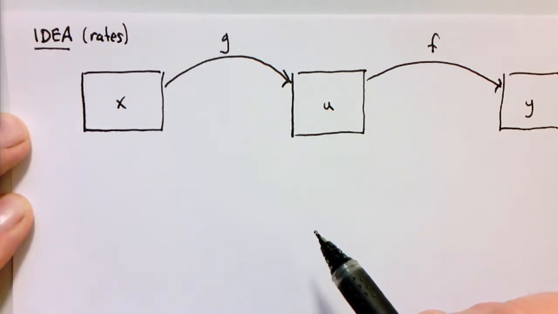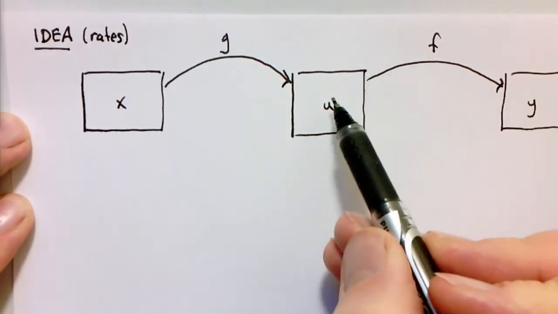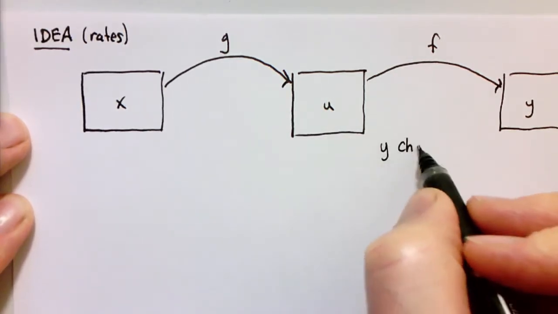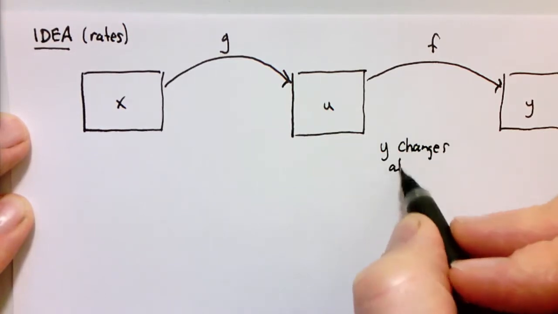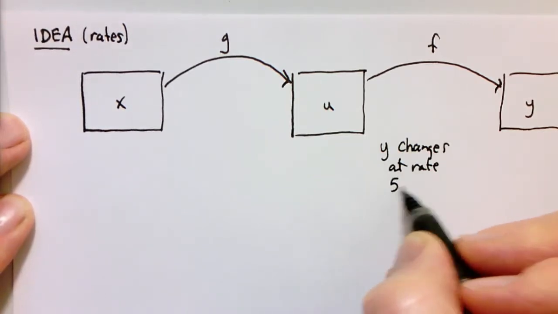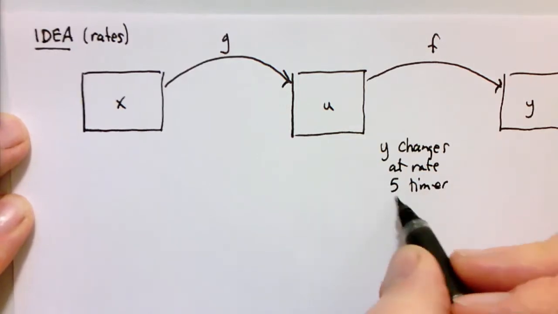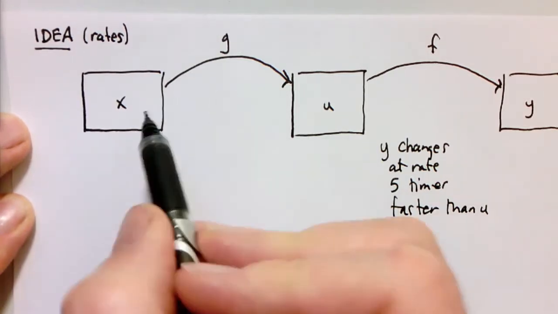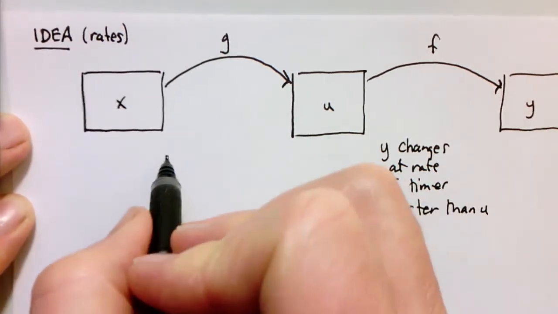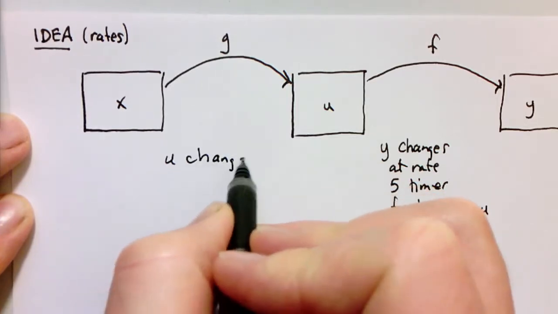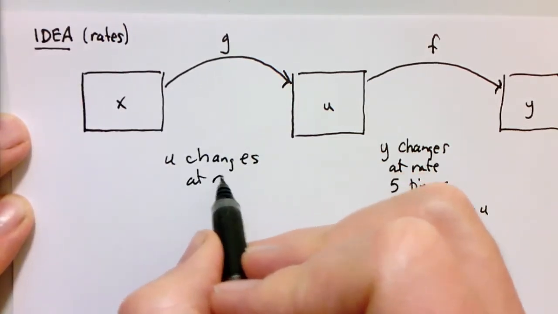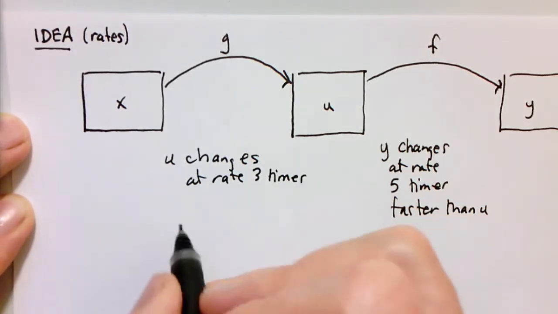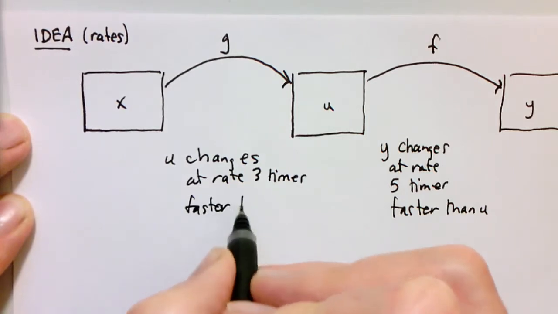Let's suppose y is changing at a rate 5 times faster than u, and u changes at a rate that's three times faster than x.